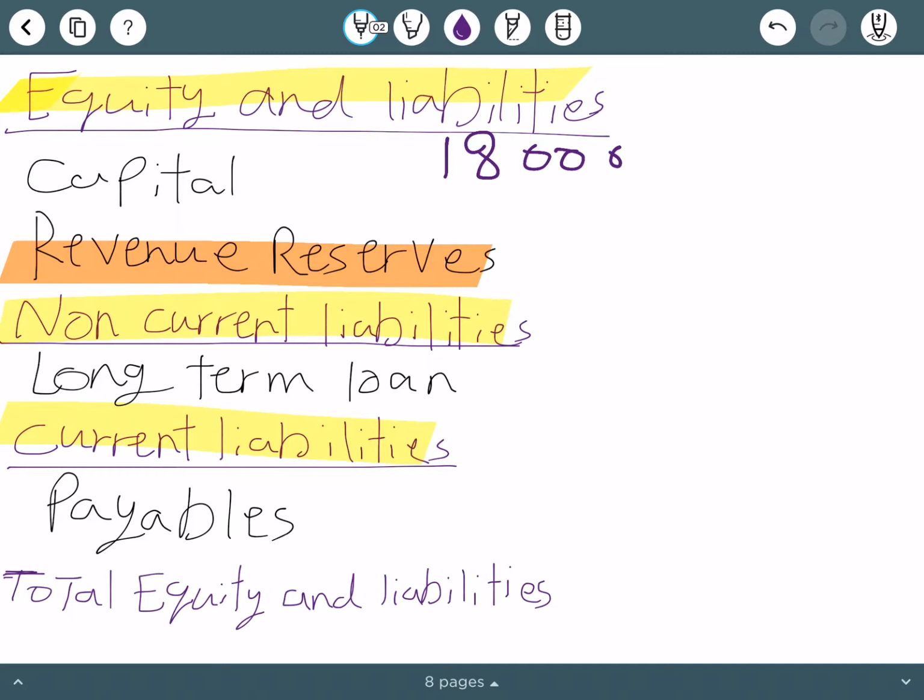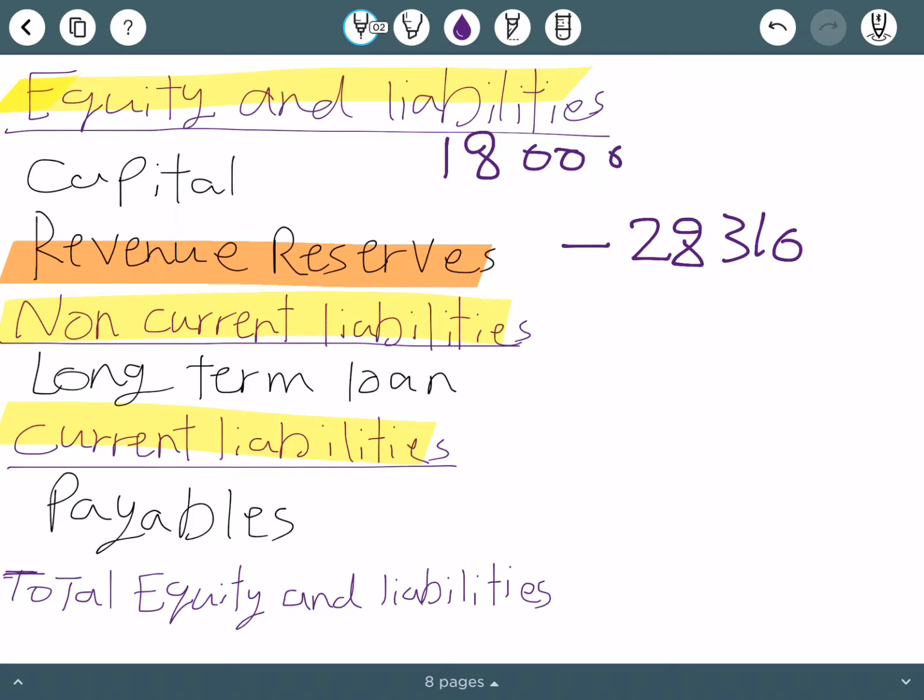So it is 28,310. We get the revenue reserves, or the retained earnings, from the income statement, which is the profit after tax.